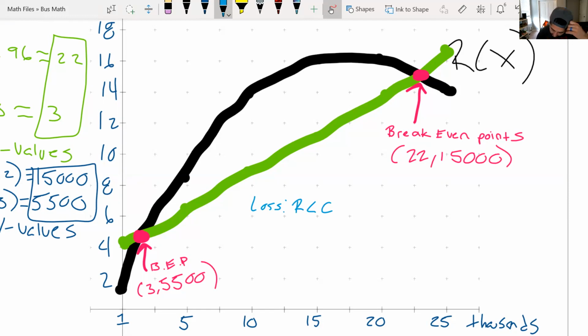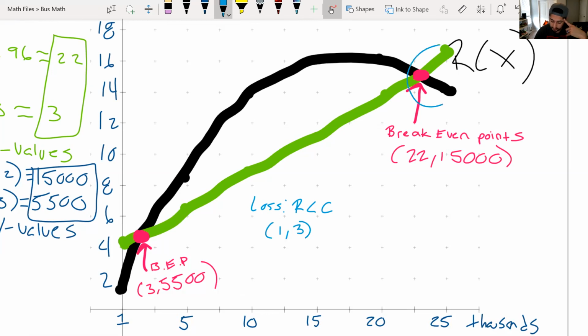So I would say that our first loss would be from 1 to 3. And then look at the end of the graph. Starting at the break-even point of 22, you see that the cost function is above the revenue function.